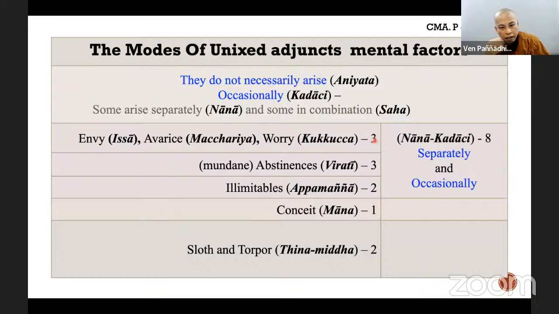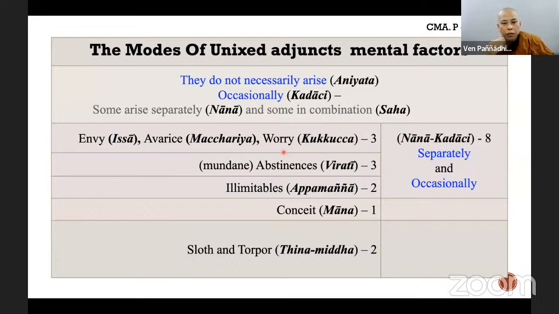For the second one, we can add 2 more, Thina-middha, so 22. This is the maximum amount. If we ask how many are regularly possible, sometimes Issa, sometimes Macchariya, sometimes Kukkucca, so we take out 2. That is why for the first one it is 18 at the same time. When Issa arises, Macchariya cannot.